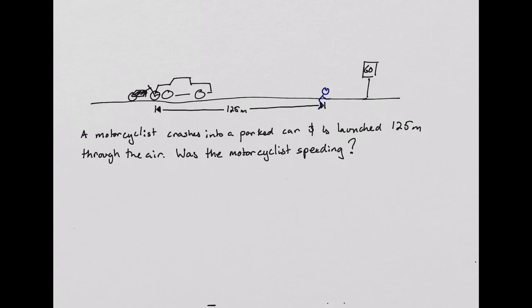To solve this problem, we will use the concepts of projectile motion, specifically the range equation, because we don't care about how long he was in the air. We only care about his initial velocity when he flew 125 meters.